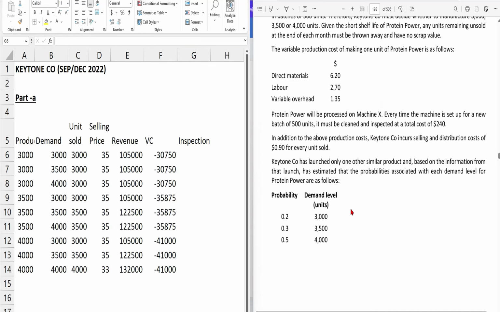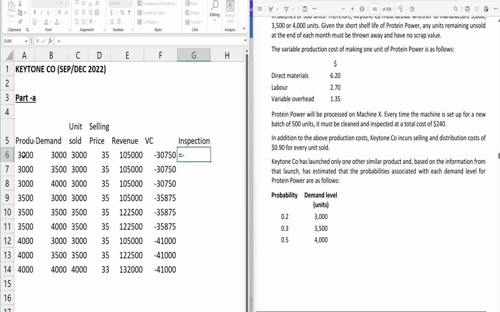Now it's time for the inspection cost, because below the variable cost, in the points below, they also mention that apart from the variable cost there is an inspection cost which will be incurred, and which is 240. This 240 is not for one unit, it's for one batch. So here we need to figure out how many batches we are producing right now.